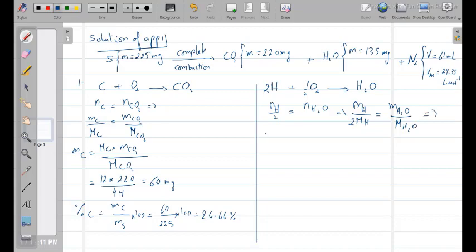Then mass of hydrogen equal 2 times molar mass hydrogen times mass H2O over molar mass H2O, equal 2 times 1 times 135 over 18, equal 15 milligram.